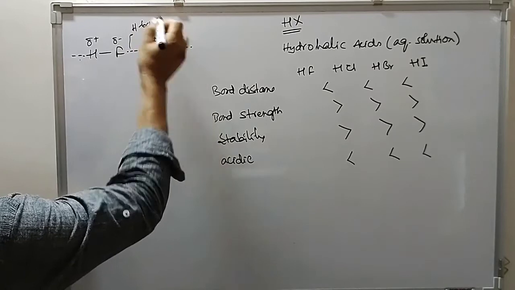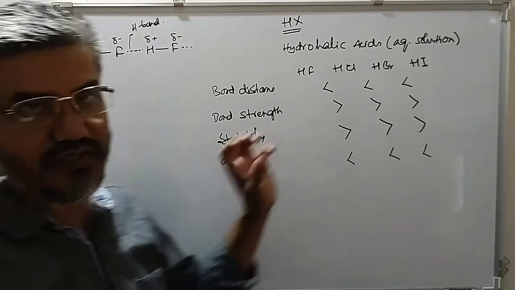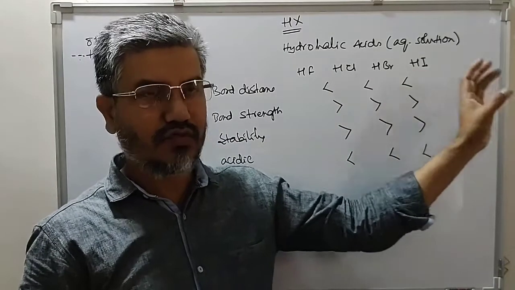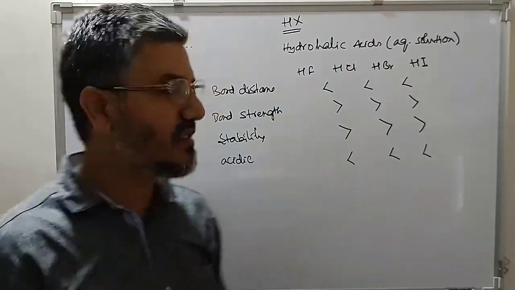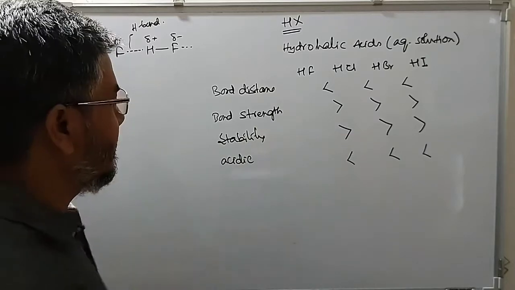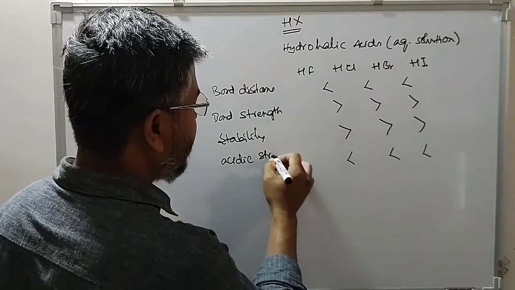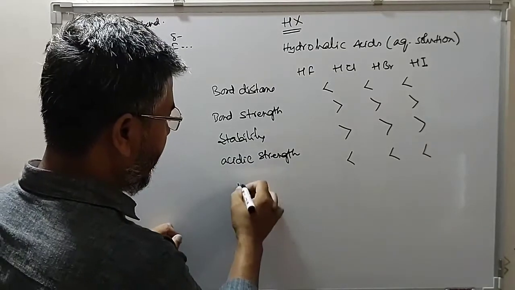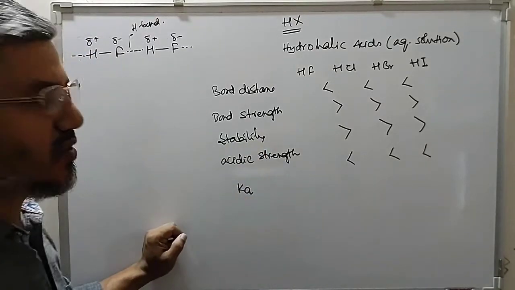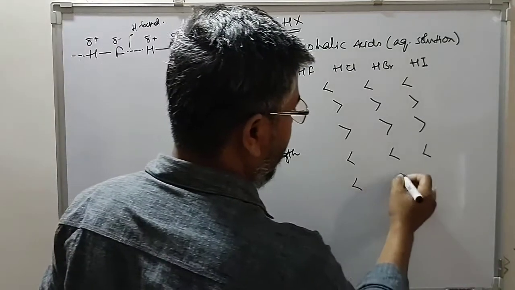Hydrogen bond is not present in the rest of the compounds. So in the rest of the compounds, bond length increases, tendency to break the bond increases. As a result, acidic strength increases. So as the acidic strength increases, then Ka, acid ionization constant, will also increase.